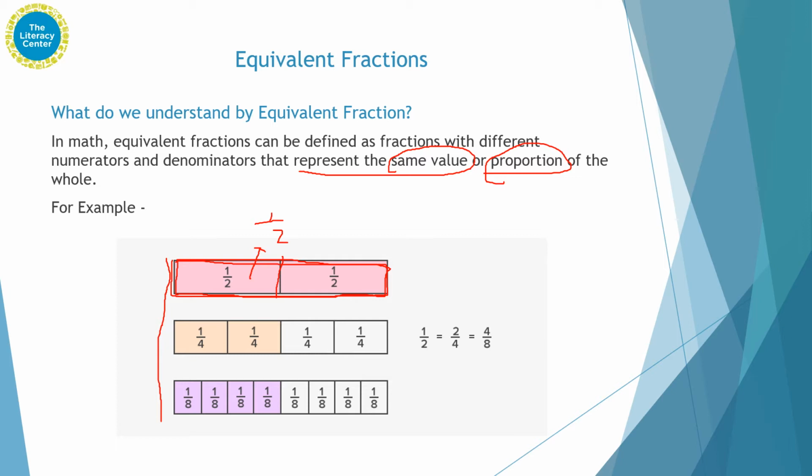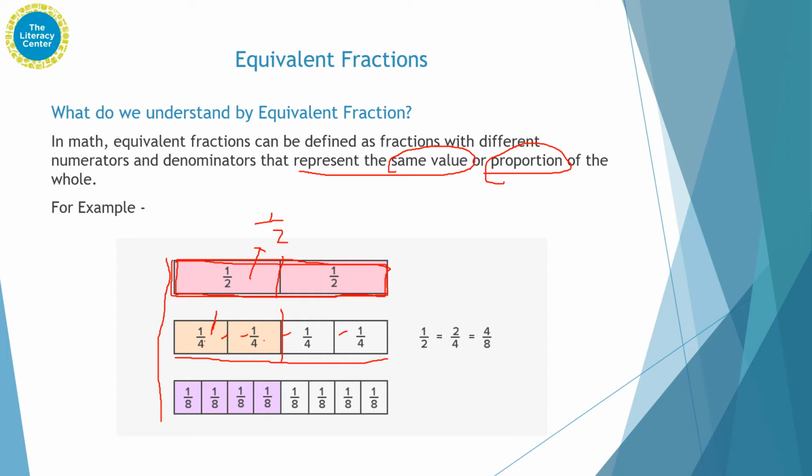Now let's move forward and divide this whole rectangular bar into 4 equal parts: 1, 2, 3 and 4. How are you going to represent this one part as a fraction? It is 1 by 4, one part out of 4 equal parts. Now let's see how to represent these two parts, 1 by 4 and 1 by 4.